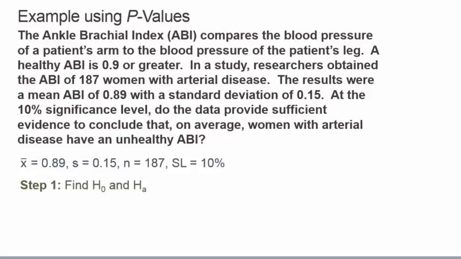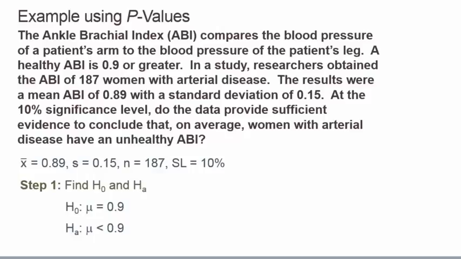Step 1, find H sub 0 and H sub A. So the mean was 0.9. H sub 0 is mean equals 0.9. Now we want to find H sub A. Since a healthy ABI is 0.9 or greater, an unhealthy ABI would be less than 0.9.